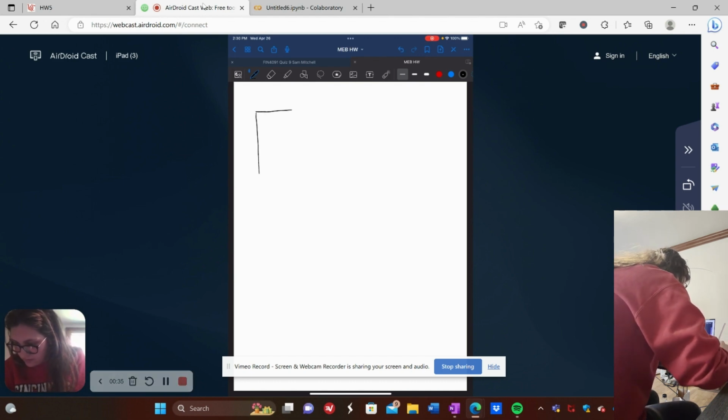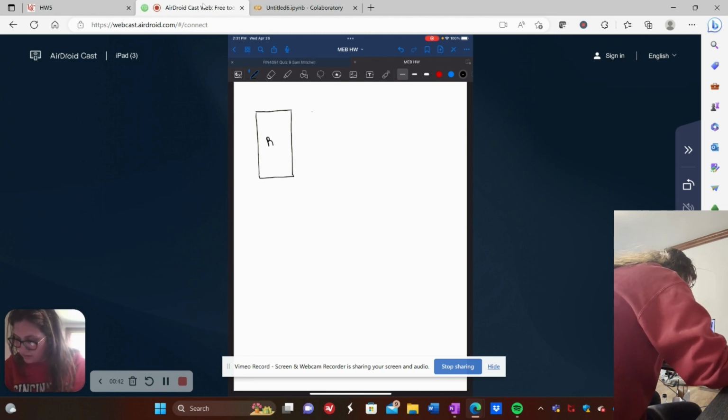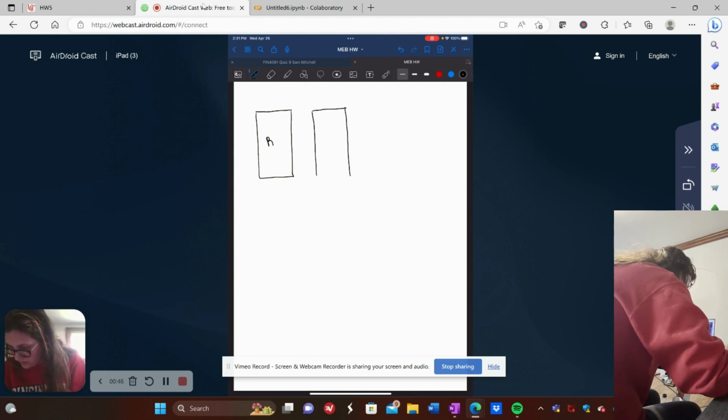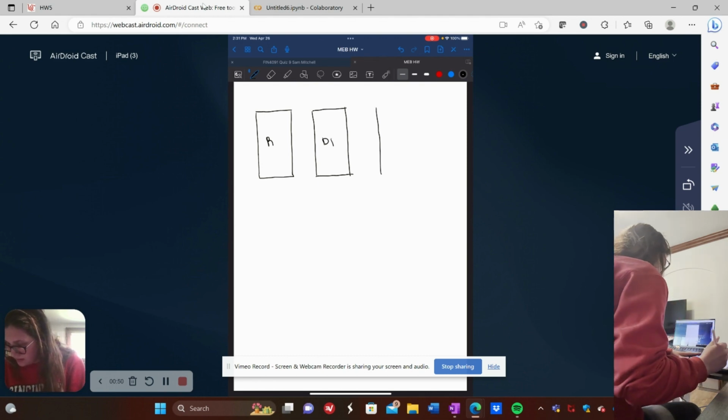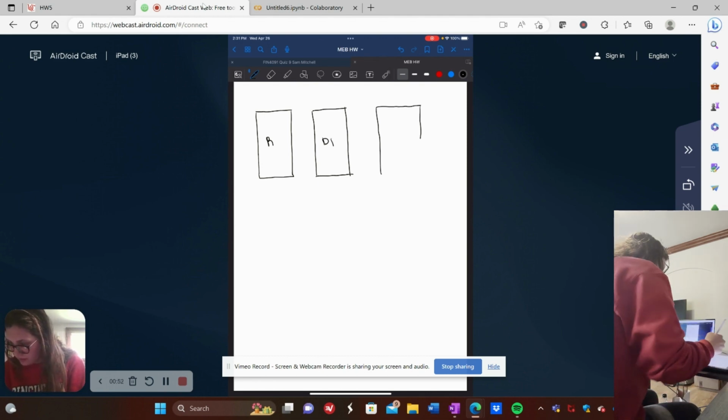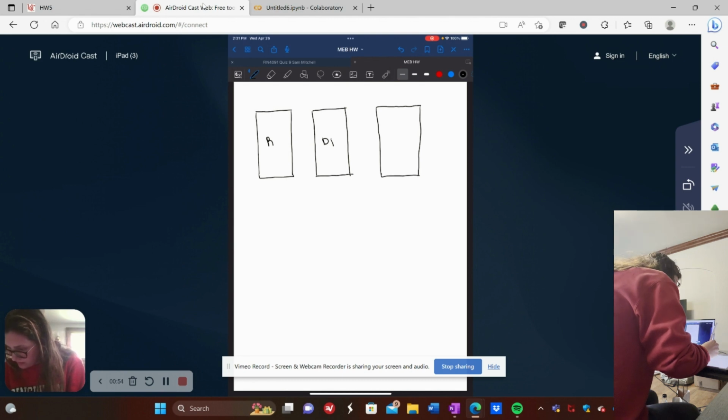So this is our reactor. Then we have D1, and then we have over here AZ.